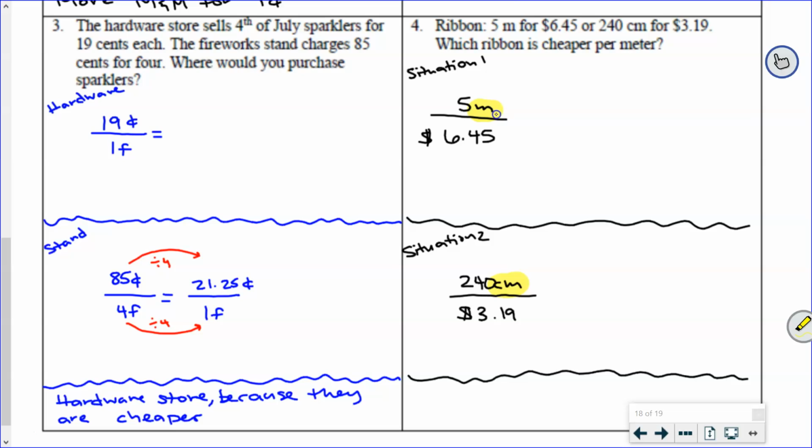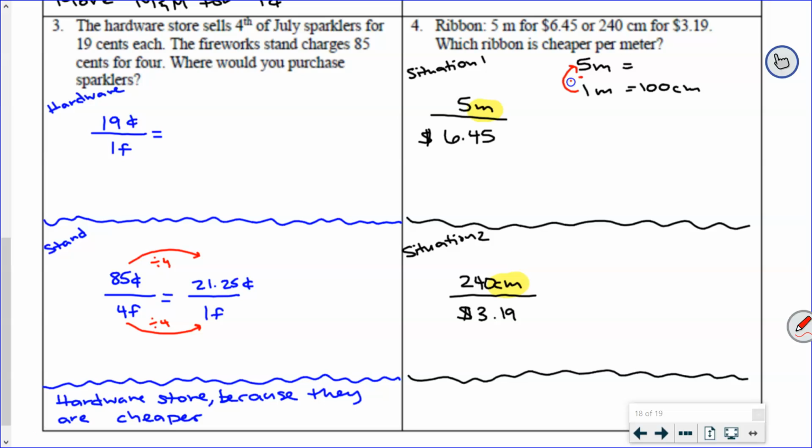So what I'm going to do is first convert the 5 meters into centimeters. And this is something that I do hope that you already know. You should be able to understand that 100 centimeters are in 1 meter. So how many centimeters would there be in 5 meters? Well, we can use our ratios here.